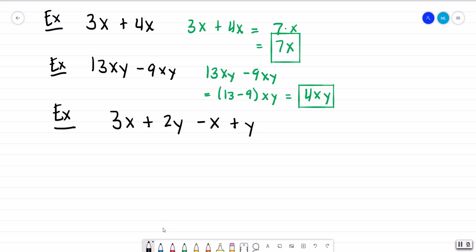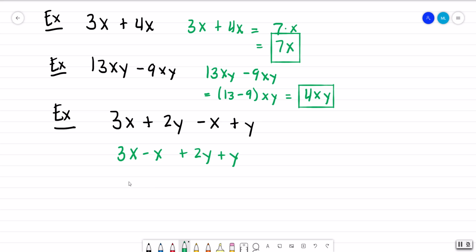We have to simplify this by combining like terms. In this sense, it may be a good idea to move all the terms that are like together. So we could say 3x minus x, and then plus 2y plus y.